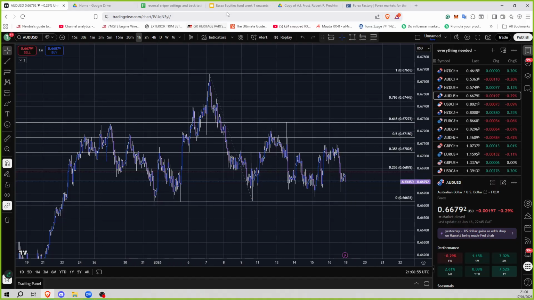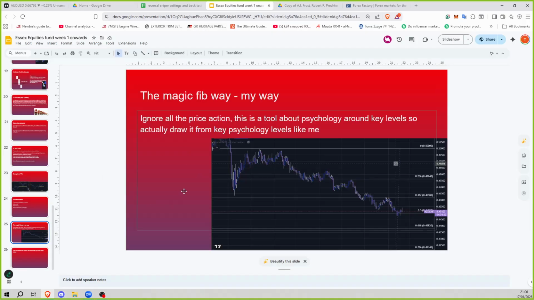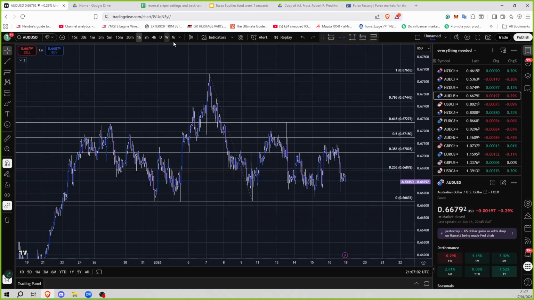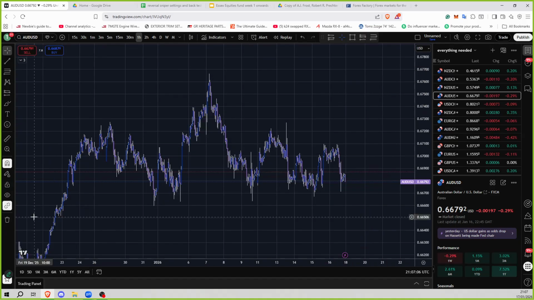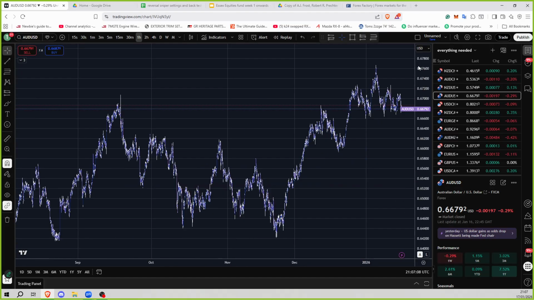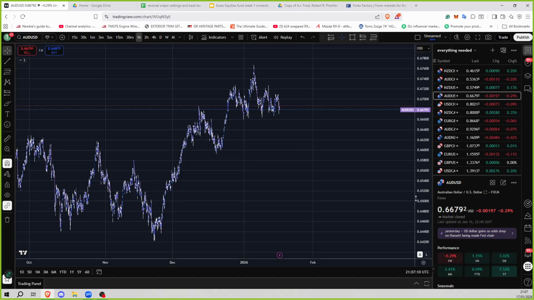The easier way of drawing them, which is my way, and you'll pretty much never see it otherwise. The way I like to draw them, I look at the round numbers. Now, with a Fibonacci retracement, you have to consider that the concept of a fib retracement is it's a psychological tool anyway.